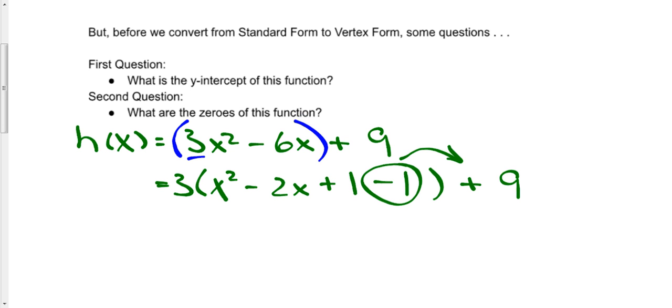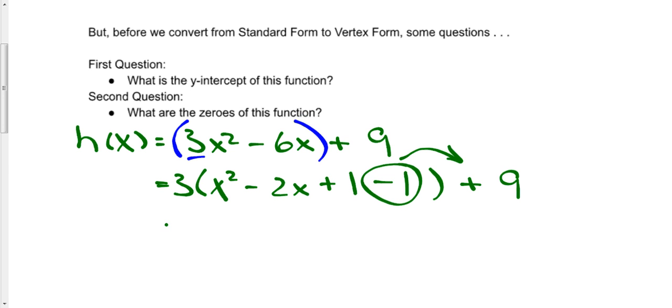Did you just say what he said because that's what he said? He led you into a dark place. No. What am I doing to everything inside the parentheses? Times it by 3. So if I want to get something out of there, what do I have to do? Times it by 3.